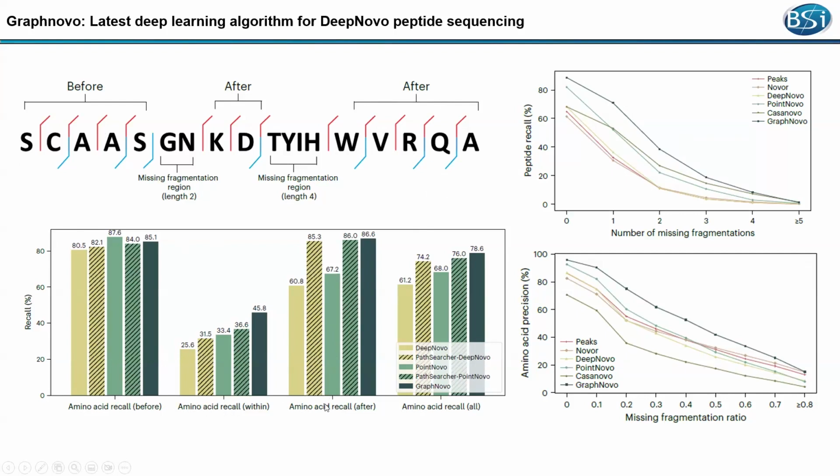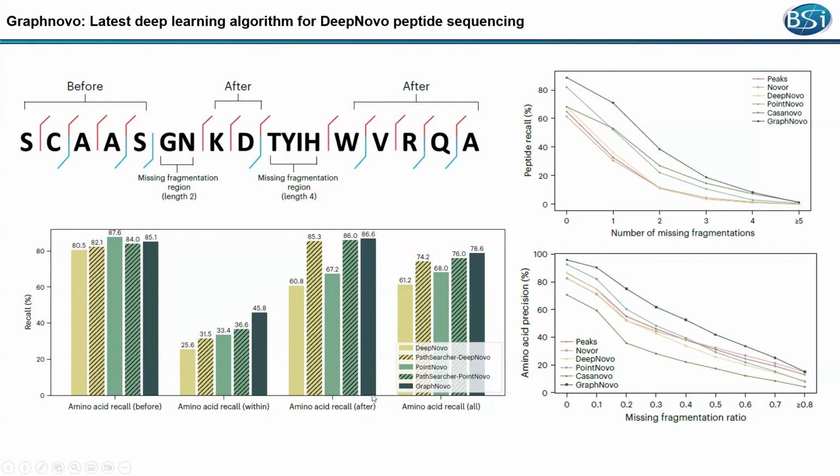But you can also see that with the older models, the light yellow or light green bars, the amino acid recall percentiles actually got affected for the sequences after the missing fragmentation region as well. But with our path searcher guided GraphNovo algorithm, we resolve this issue.